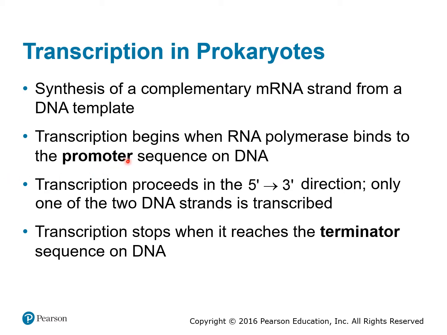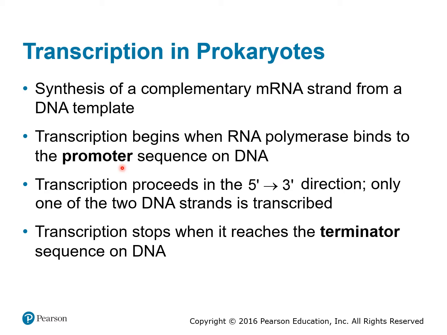Now, transcription begins when an enzyme known as RNA polymerase binds to a specific region within the DNA sequence known as the promoter sequence. Once the RNA polymerase binds to that promoter sequence, then transcription can go ahead and proceed.